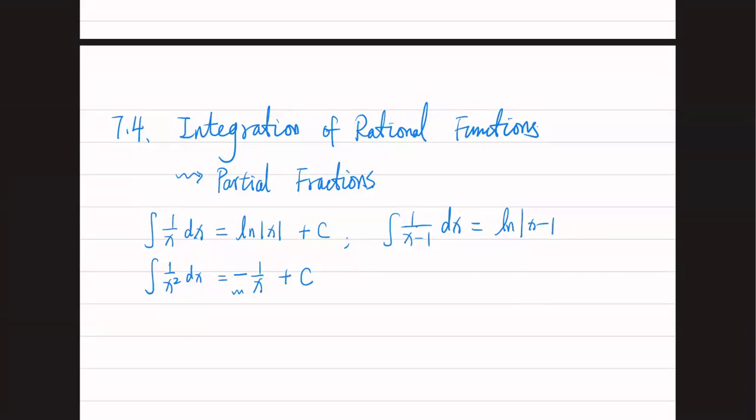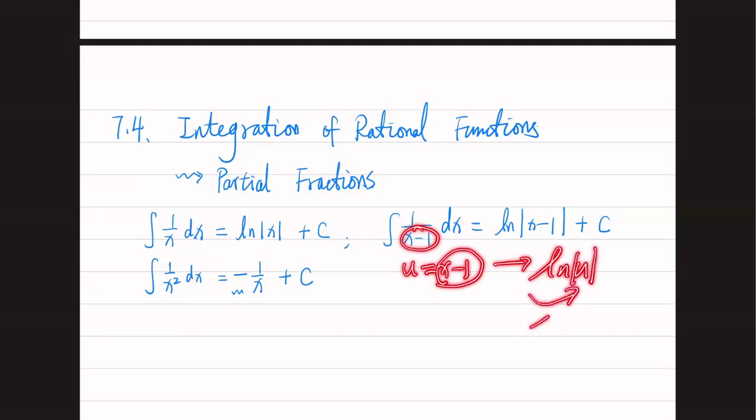So this time, logarithm of the absolute value of x minus 1. We just change this x to x minus 1. We can use the substitution. If we use substitution u equals x minus 1, then we get logarithm u. Then we substitute back to x, logarithm of x minus 1.